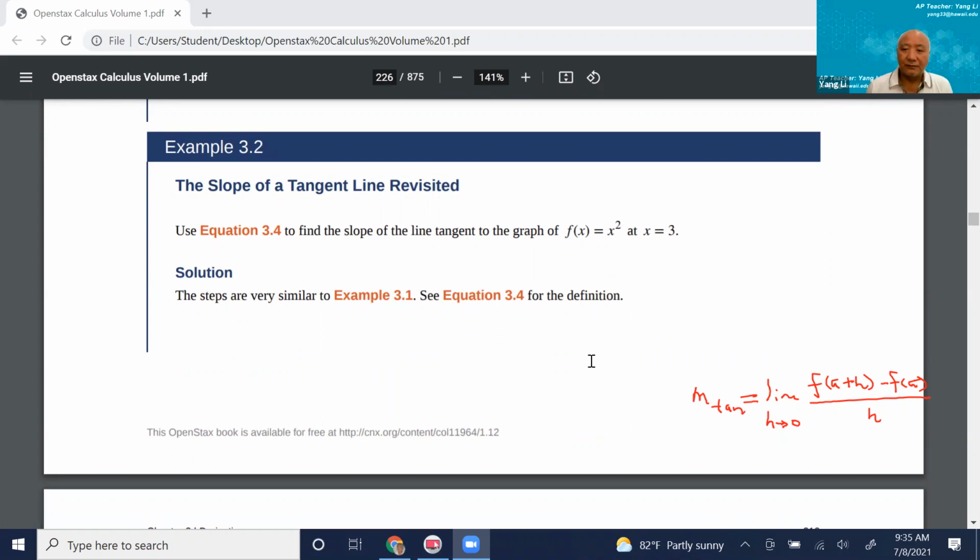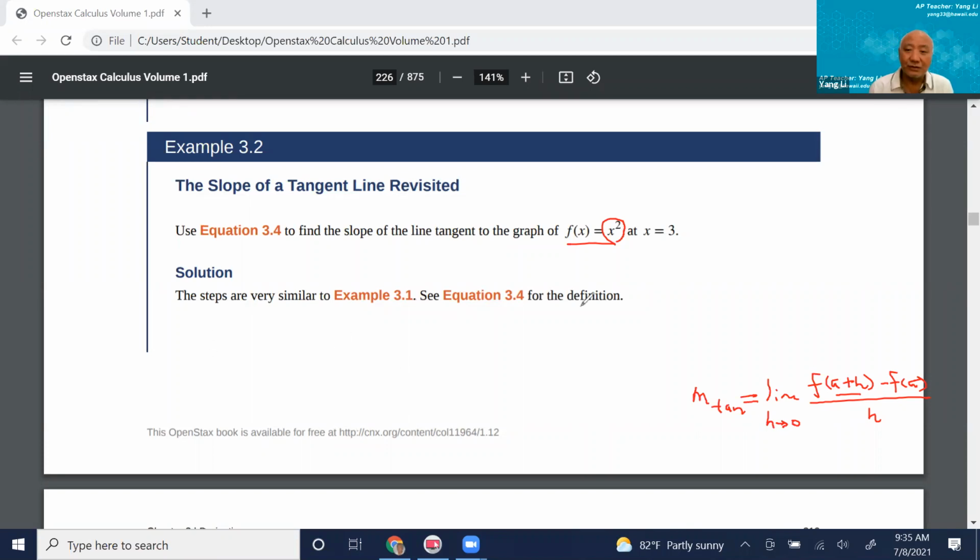So what are we going to do here? You can see that f(x) is x squared, right? But right now you have a plus h for the value of x.